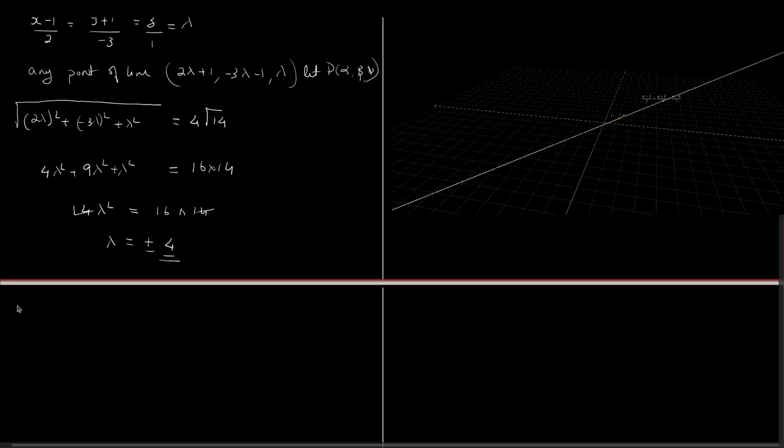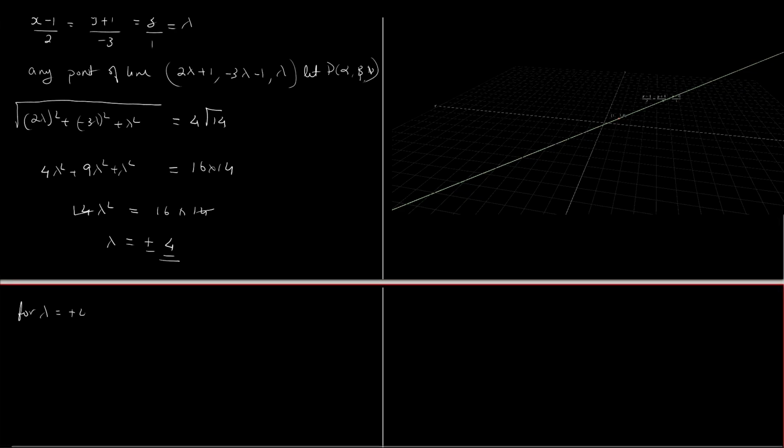For lambda equal to plus 4, P will be 2 lambda plus 1, that is 9, minus 3 lambda minus 1, that is minus 13, and lambda means 4.